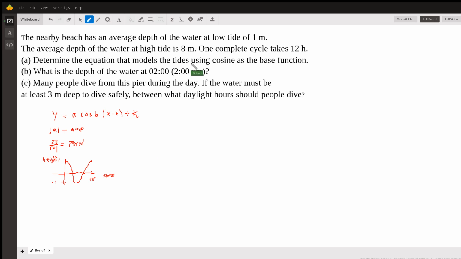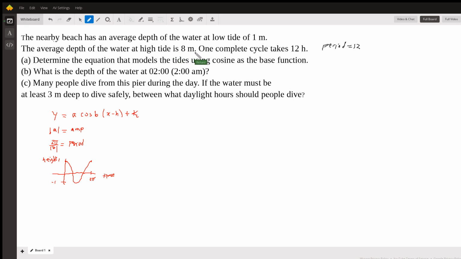Okay, so from this first instruction, we can see that the period is 12, because it takes 12 hours to do a complete cycle. And we know that the average depth is 8.